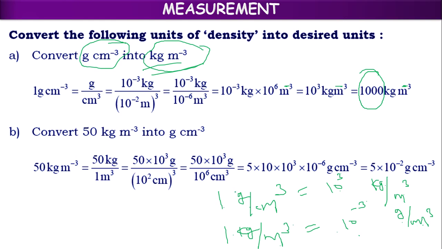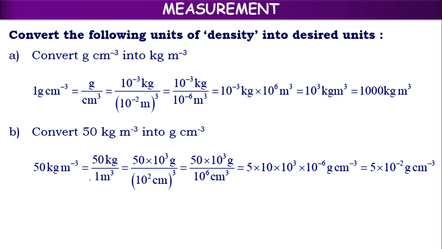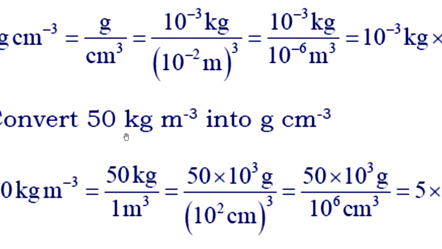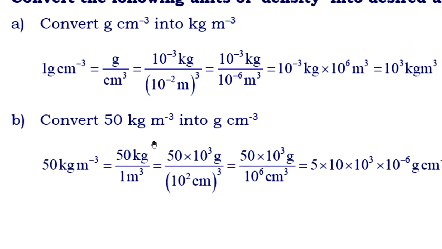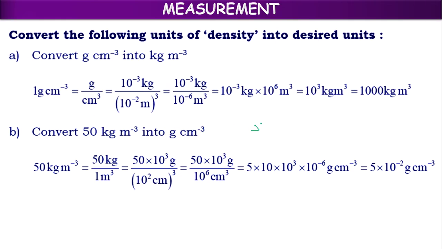Like that, we can make use of these while solving the problems directly. You can observe this question: 50 kg per meter cube into gram per centimeter cube. While converting kg per meter cube into gram per centimeter cube, directly we can multiply with 10 power minus 3 and keep gram centimeter to the power of minus 3.